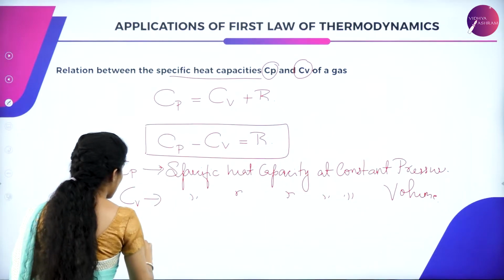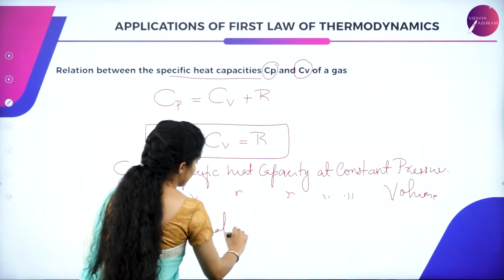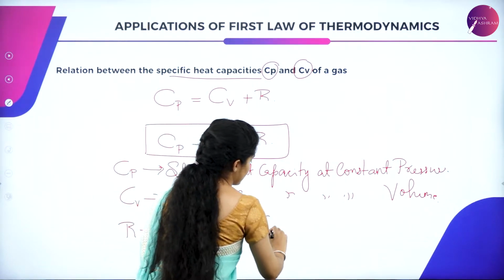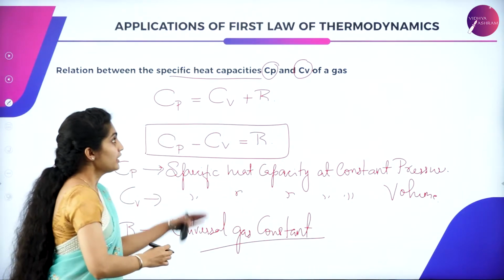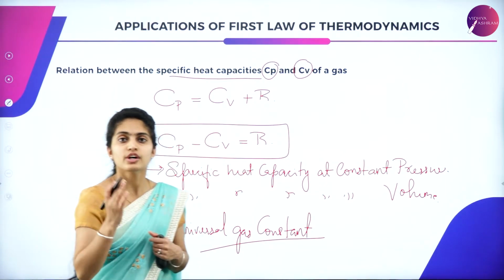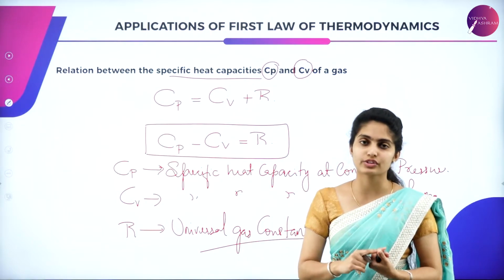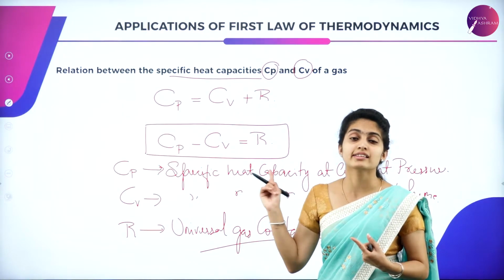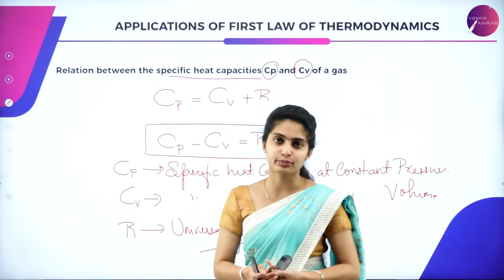And what is R? It is the universal gas constant. So this is a relation for Cp and Cv, that is specific heat capacities at constant pressure and constant volume, and this is one of the applications of the first law of thermodynamics.